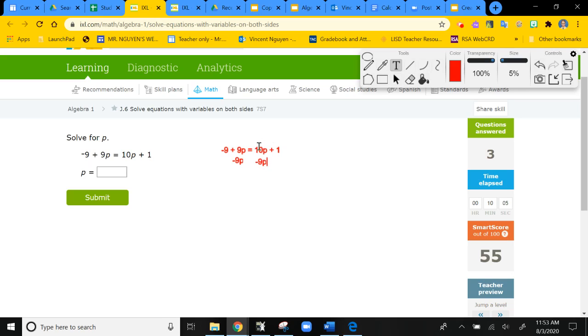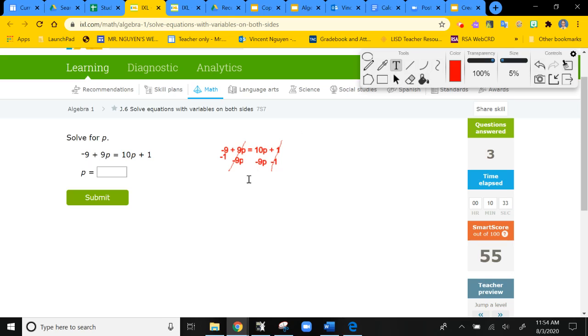All the p's are going to be over here, which means I have to move the 1. So at the same time, I can actually subtract the 1. Subtract the 1, so that when I write my solution, everything will work out. This will go away, okay? And this will go away, okay?